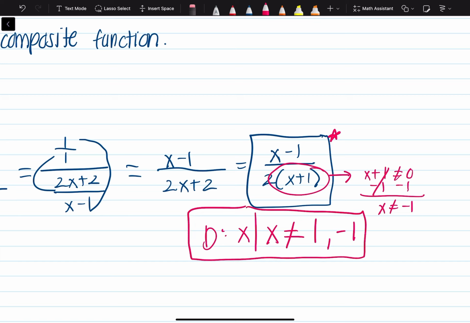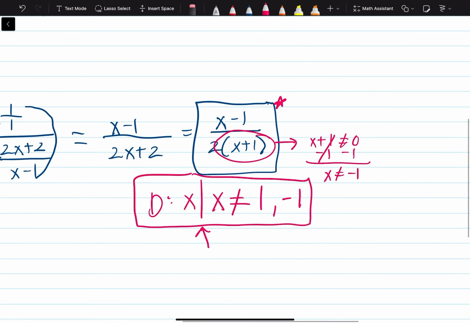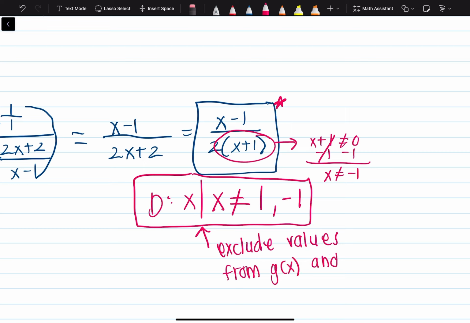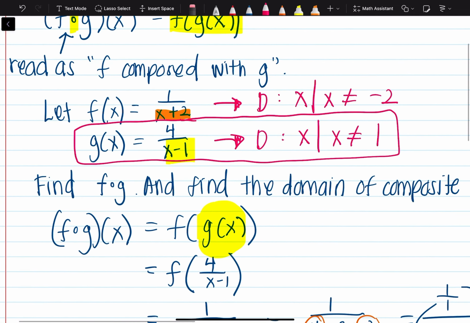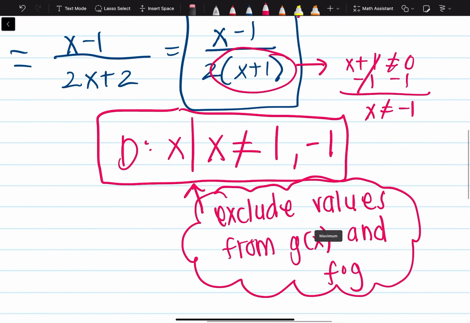So as a little note here, remember to identify this domain, you exclude values from g of x and f composed with g. That's it. Although I did have us identify the domain of f of x, we actually don't need it to determine our composite domain.